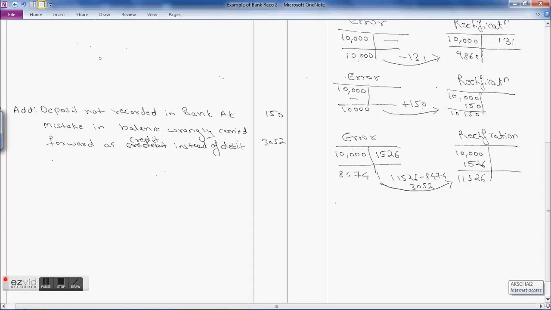This is not an error, but since we have not passed an entry, we need to pass an entry as on 31st December 2001. So the entry will be: dividend collected by bank. How much is the amount?